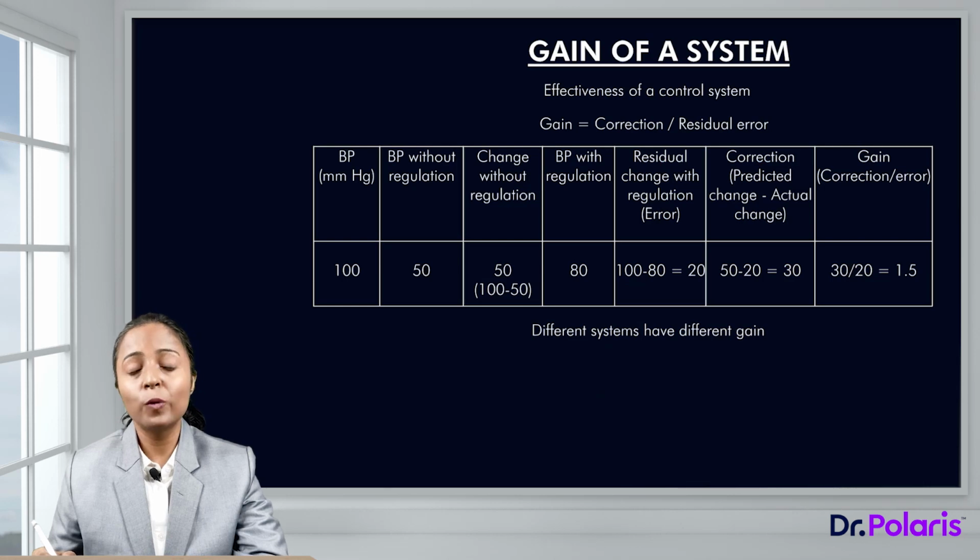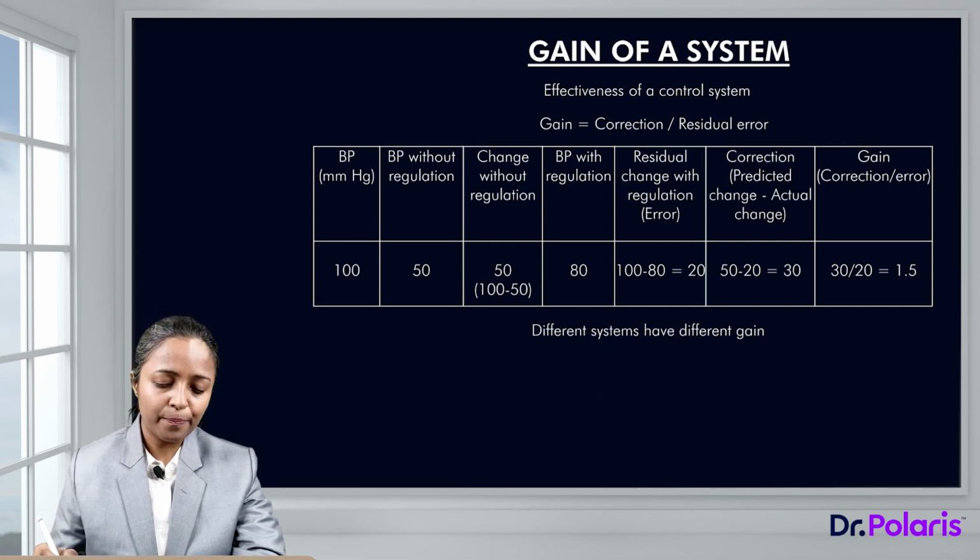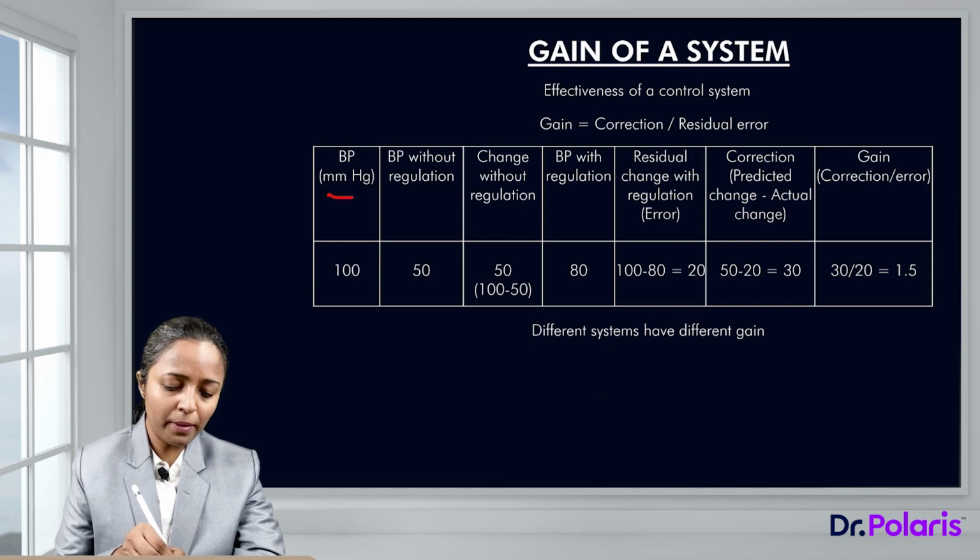Now, there is one other property of a control system that is known as gain of a system, which is a measure of efficiency of the system. That means how well it is actually correcting the error. So to understand it, let's take an example. Suppose normal blood pressure is 100 millimeter mercury.